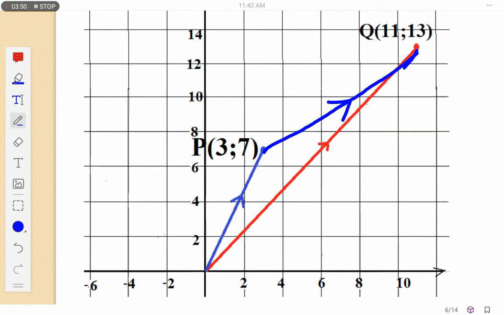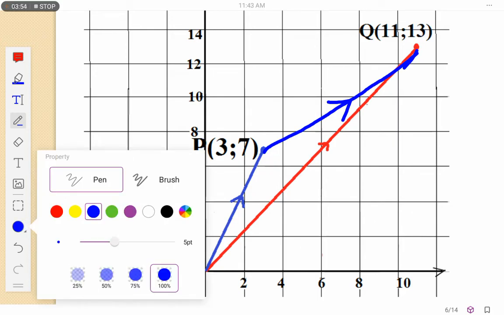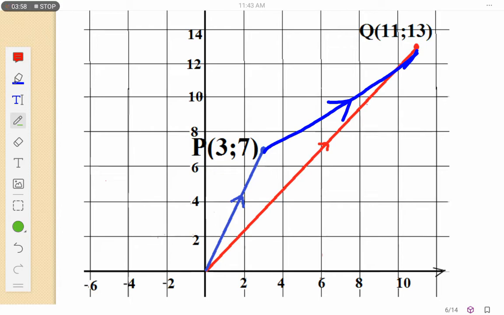If I want to find PQ using the graph method, I can simply calculate the number of movements on the x-axis. How many units have I moved on the x-axis? Remember my scale is 2, 4, 6, 8, 10.